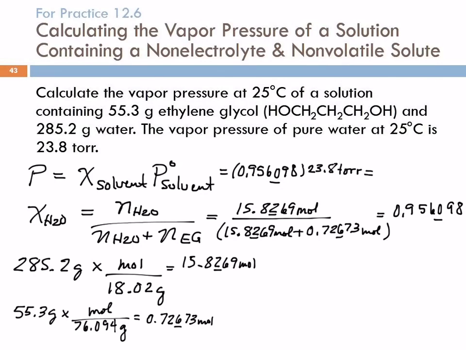So the vapor pressure of this solution is 22, it should have 3 significant figures, 22.8 torr. The vapor pressure of the water is lower because there's ethylene glycol in it. Any questions?